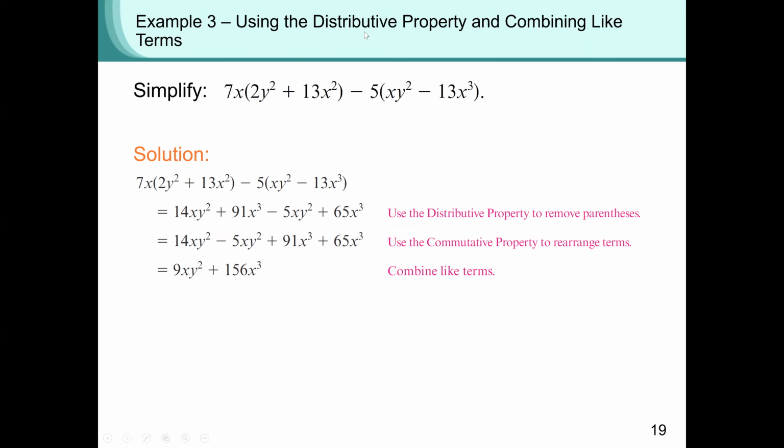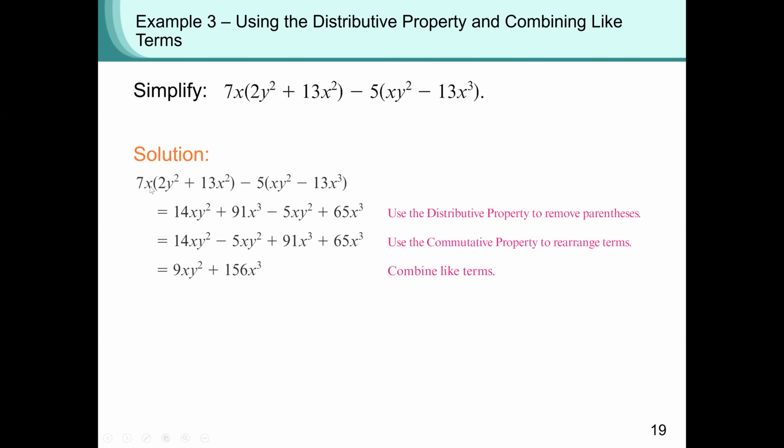So we can also use the distributive property to combine the like terms. Here, for example, we have the question 7x(2y squared plus 13x squared) minus 5(xy squared minus 13x cubed). The first thing I'm going to do is multiply the 7x by the two terms here. Then multiply negative 5 by the two terms.